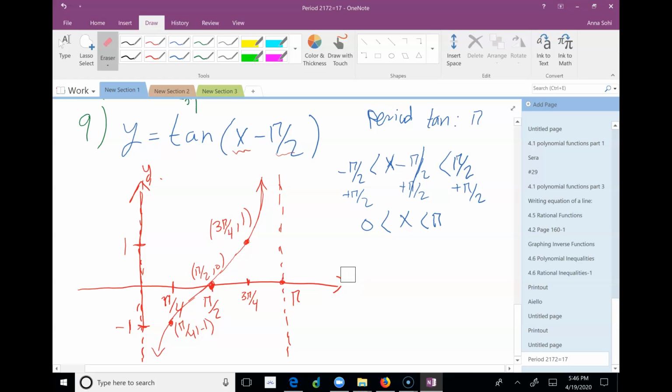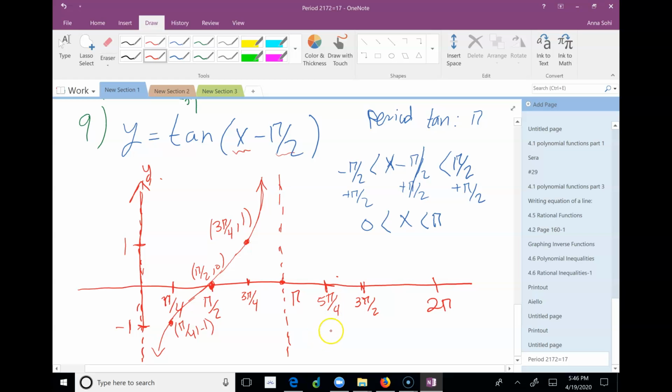And again, that's over 1 period. If you were graphing it over 2 periods, you could continue in either direction, and then you would have another pi. Half of that is 3 pi over 2. Exactly in the middle of 3 pi over 2 and pi is 5 pi over 4.